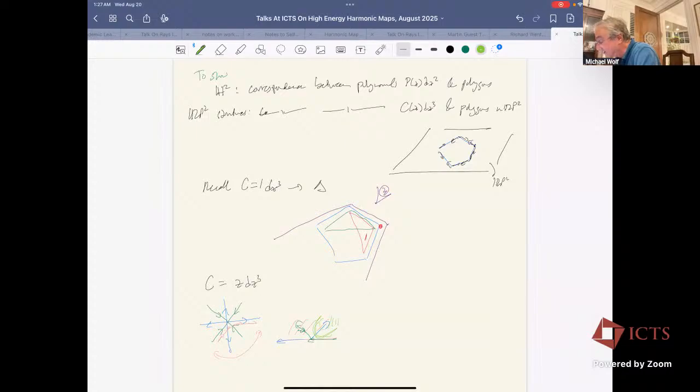So in some sector, you might start to believe that the image is some triangle.